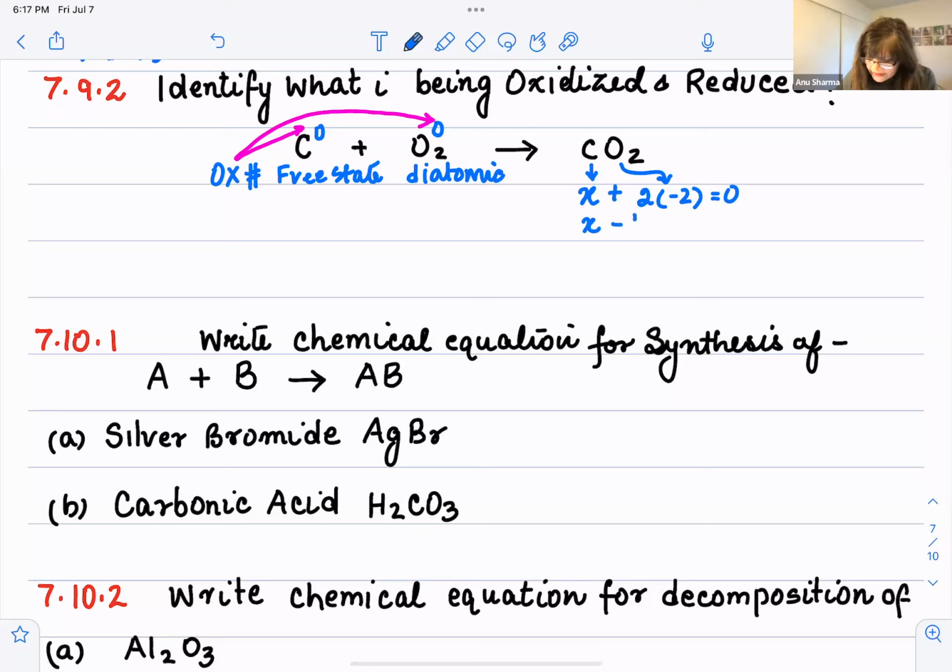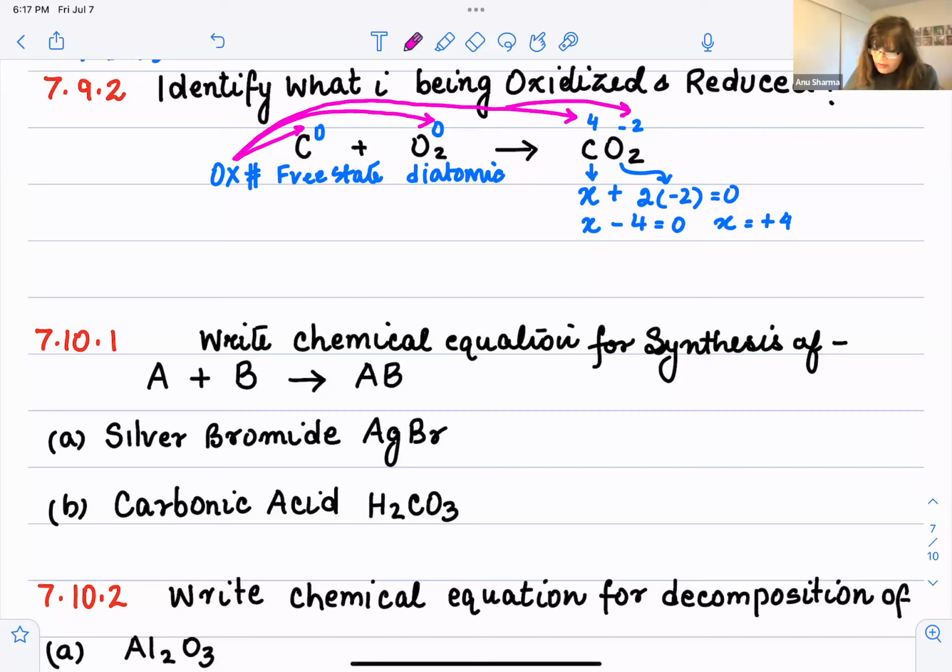So x - 4 = 0, or x is equal to positive 4. So carbon is +4 and oxygen is -2. I have written the oxidation numbers on the top so you can see them.